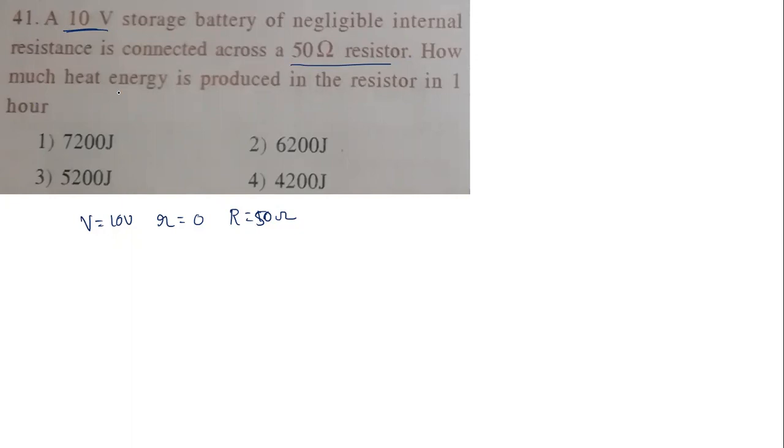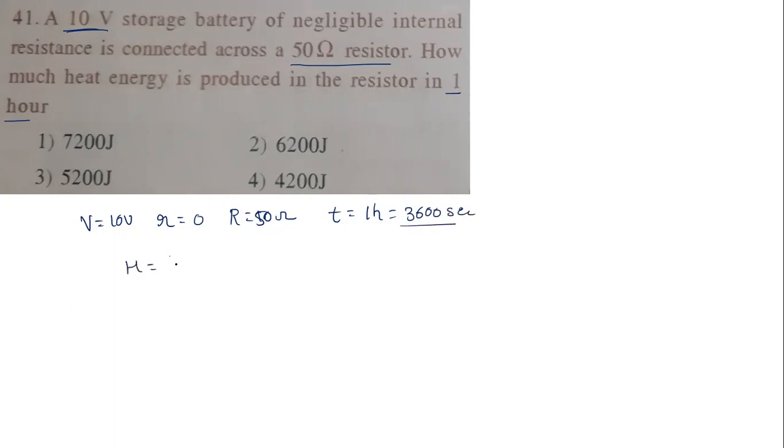How much heat energy is produced in the resistor in 1 hour? Time is 1 hour, which becomes 3600 seconds. Now we find the heat energy.